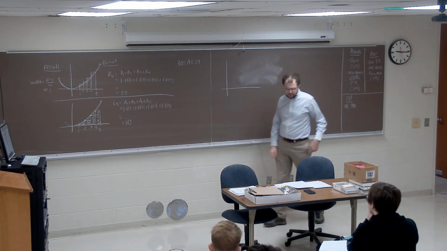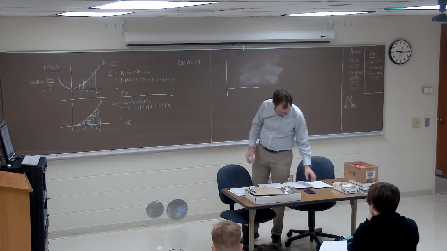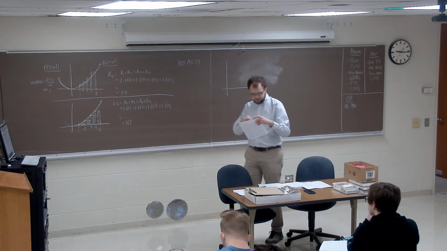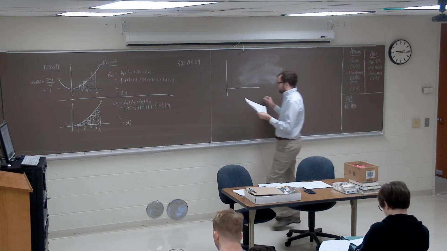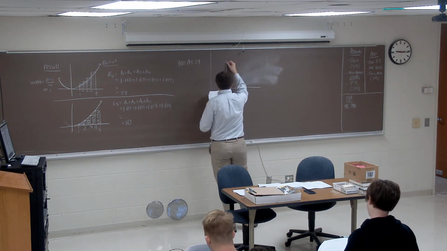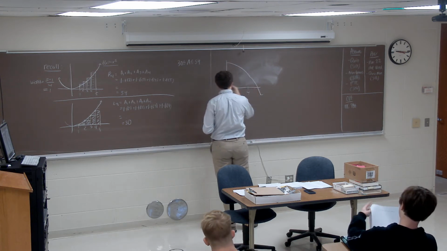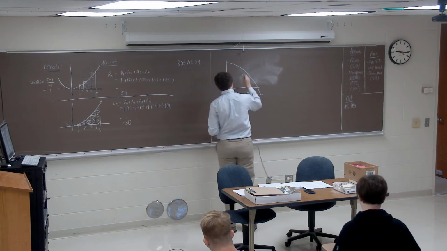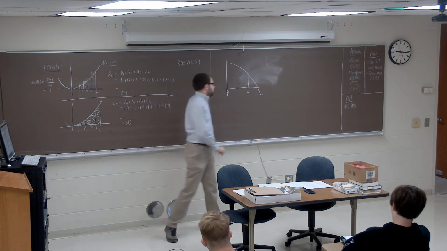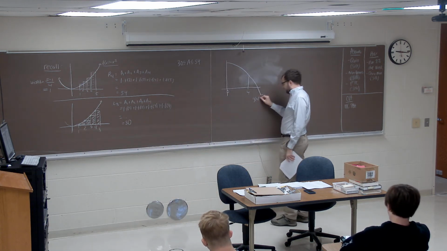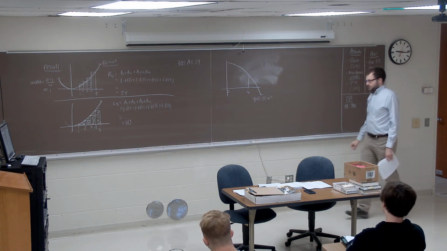I want to look at the function g of x equals 25 minus x squared from 0 to 4, which is going to look something like this. And I want to approximate the area underneath the curve.